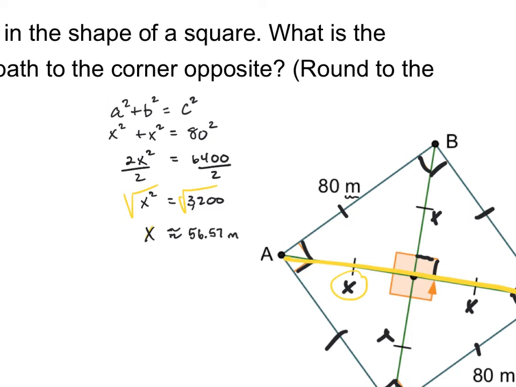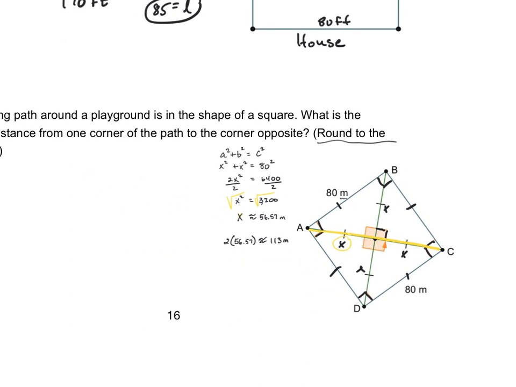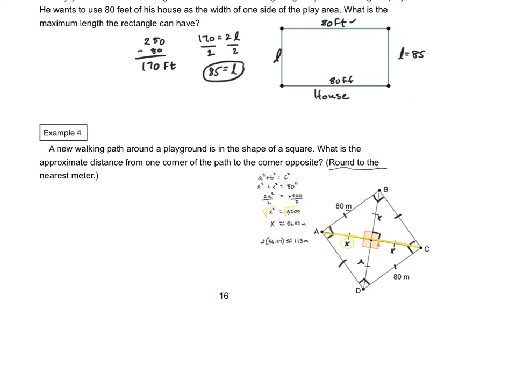Now if I have two of those, from here to here would be 2x, so I would have 2 times 56.57 meters, which is approximately 113 meters, because I rounded to the nearest meter. So approximately 113 meters between opposite corners of my walking path around the playground.